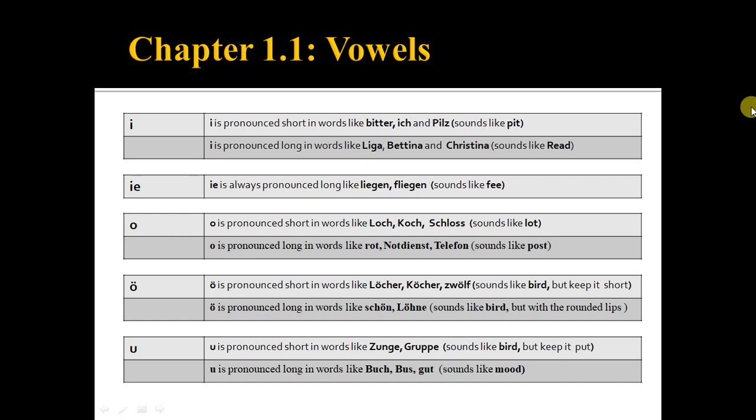We pronounce the word bird, but this time we make our lips a little rounded. With rounded lips, we pronounce it: schön, Leonie, beside bird. This way you can practice.